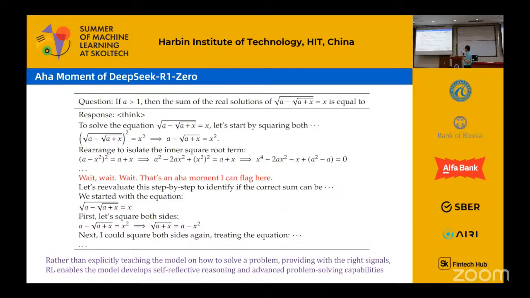So someone argues that RL can indeed teach the model new capabilities or boost the model with new capabilities. You can see the example: "Let's re-evaluate this step by step", to identify this kind of self-reflection. This kind of data is not included. There is no such data in the training or the RL fine-tuning stage.